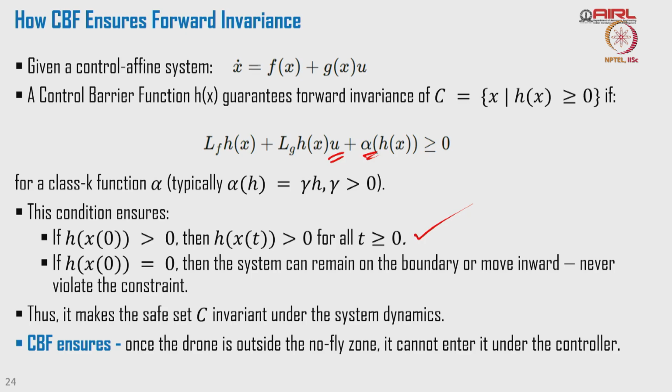So from the CBF theorem, it will be a forward invariant system, and h(x) equal to 0 means the system can remain on the boundary or move inward, but never violate the safety constraint. Thus it makes the safe set C invariant under the system dynamics.